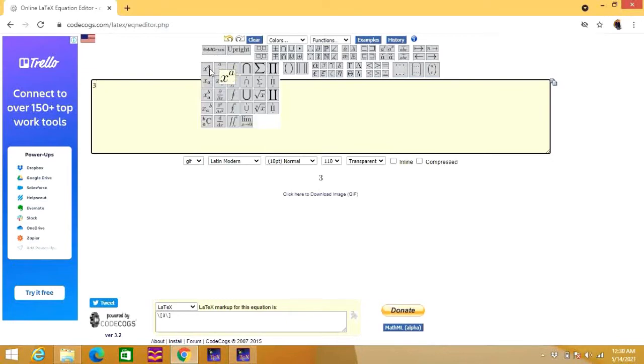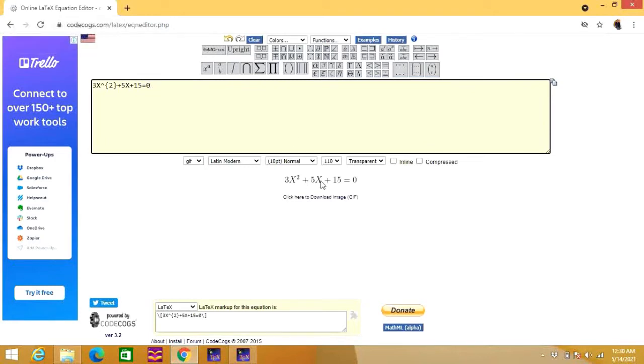So we need to take square, click over here, write 2 here, and you can write square plus 5x, you can directly write here, plus 15 equal to 0. So this is the equation that we need to generate.